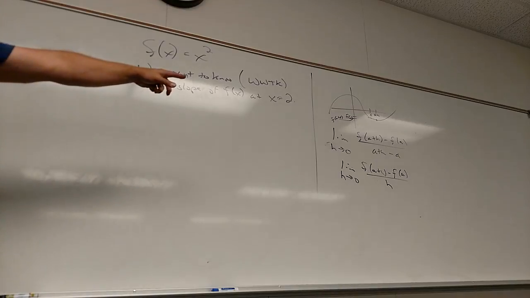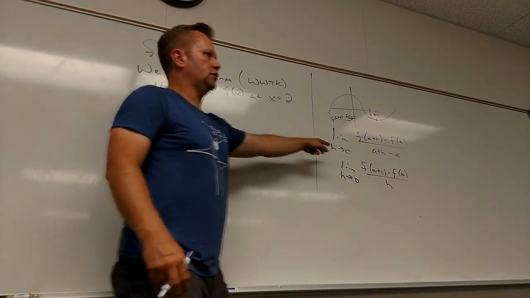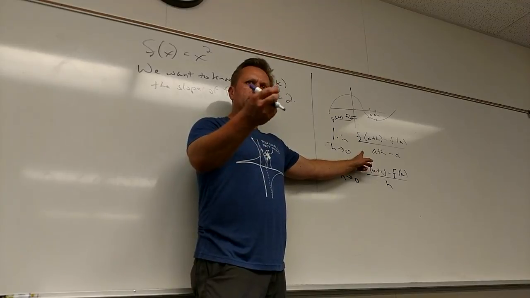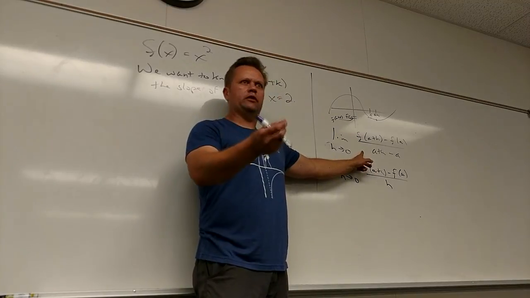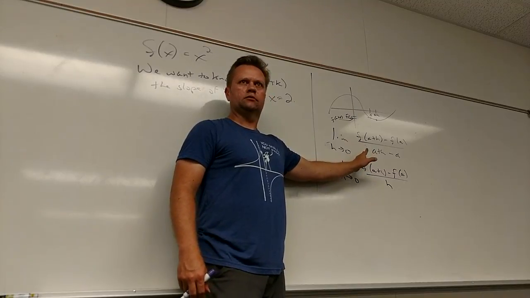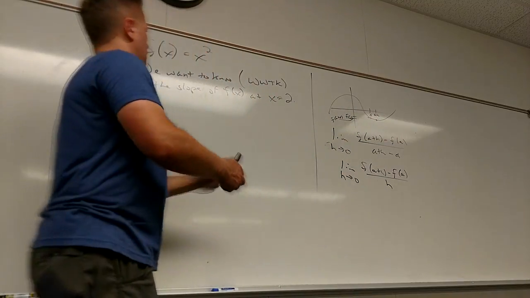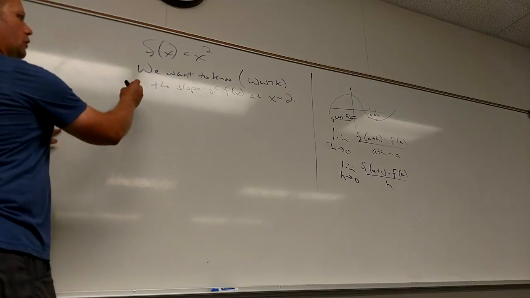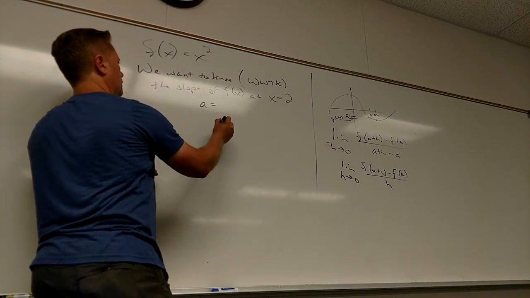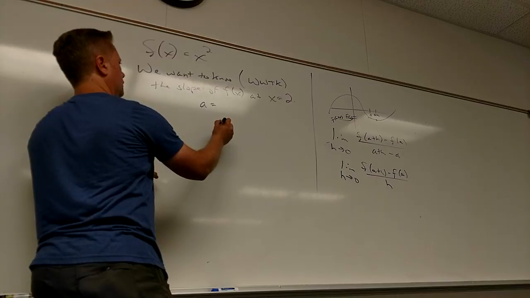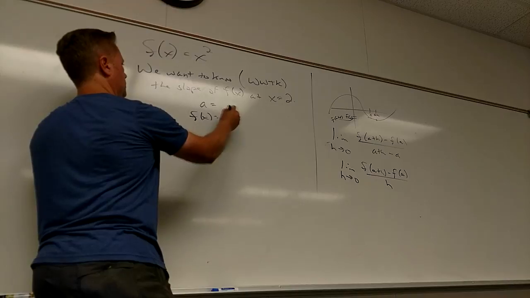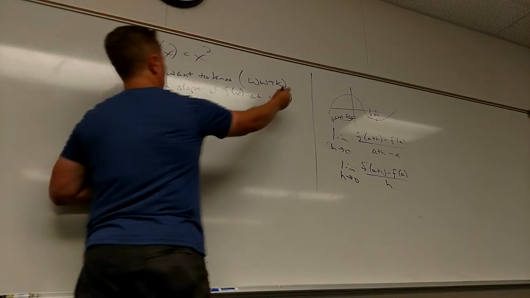So let's apply that. This is the definition of the slope, and in calculus, the word for slope is derivative. So this is the definition of the derivative at a point A. In this case, what's A? X squared. No, that's f of x. What's A? 2.